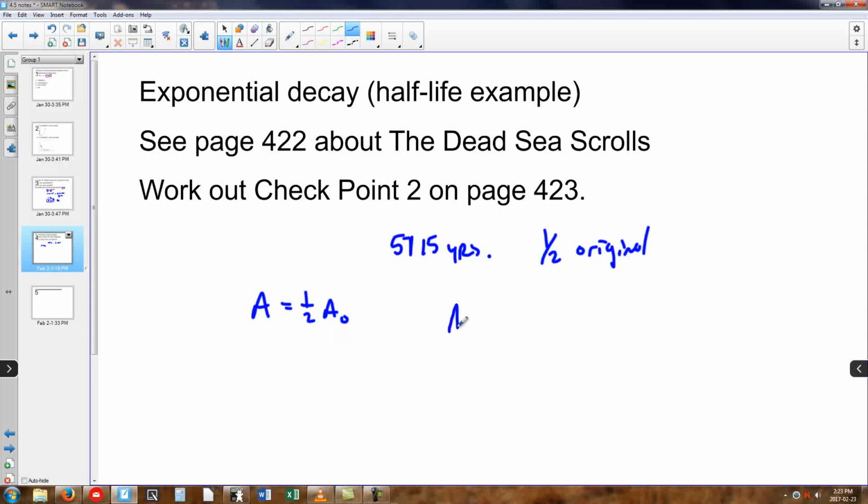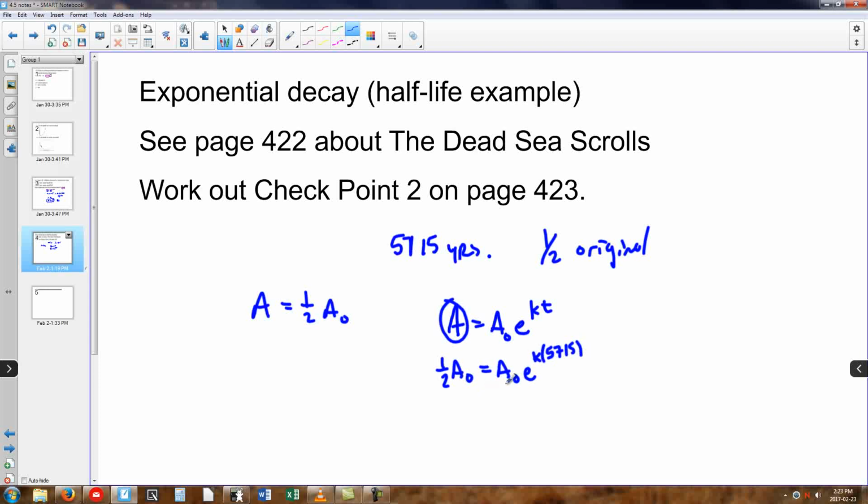So if we use our model, A equals A naught e to the kt, we don't actually know what A or what A naught is, but we do know that instead of writing A here, I can write 1/2 A naught equals A naught e to the k times 5,715.